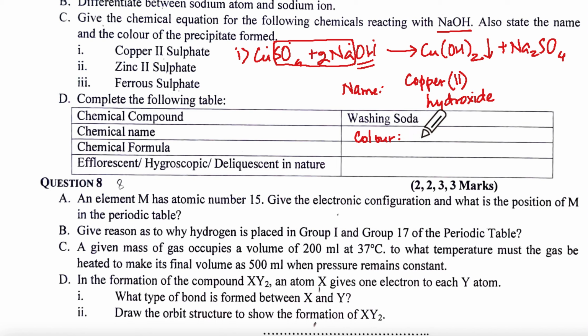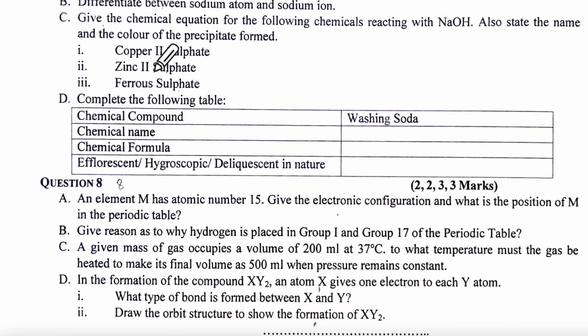What is the color of copper hydroxide? Pale blue. Correct. Now zinc sulfate, again zinc 2 sulfate, I'll get zinc hydroxide plus Na2SO4, gelatinous white. Ferrous sulfate, Fe(OH) twice, you will get dirty green, correct, and iron 2 hydroxide. So this can be done on your own.